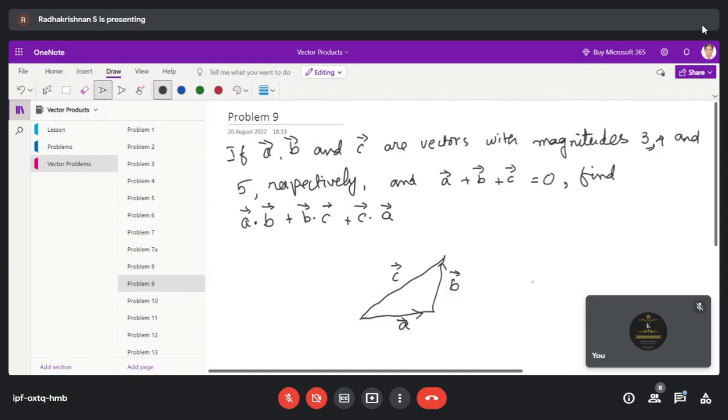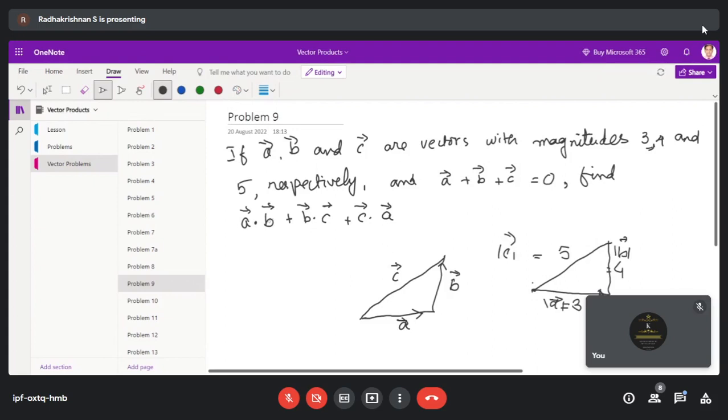We know that 3, 4, and 5 form a Pythagorean triangle, yeah? So this is 3, this is 4, and this is 5. This is your A, this is your B, and the magnitude of C is 5. Now what are they asking?